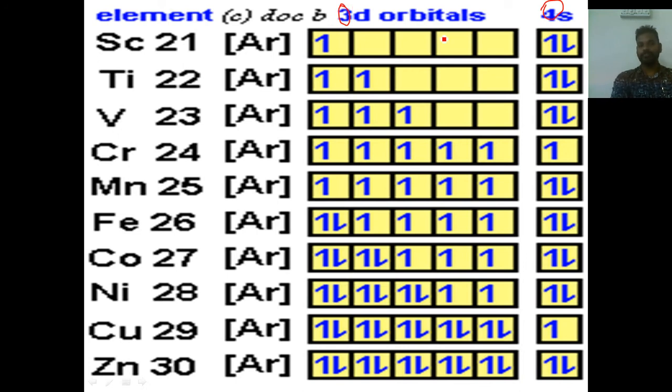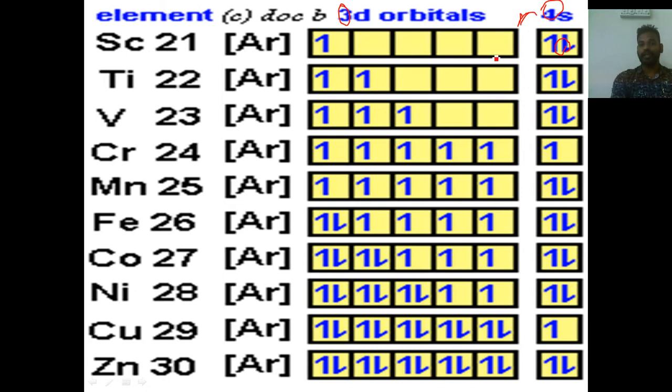That means, for example, for scandium, the 4s orbital is completely filled up to atomic number 20. When an extra electron is added to the 3d orbital, the atomic number becomes 21.